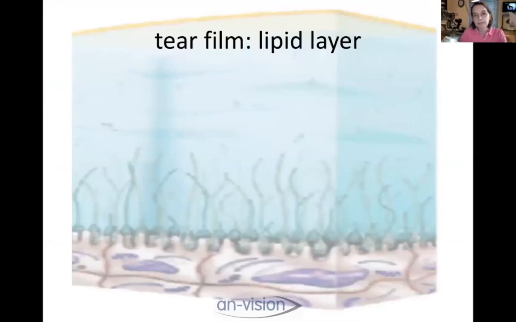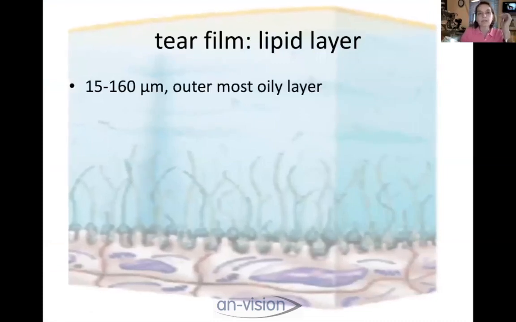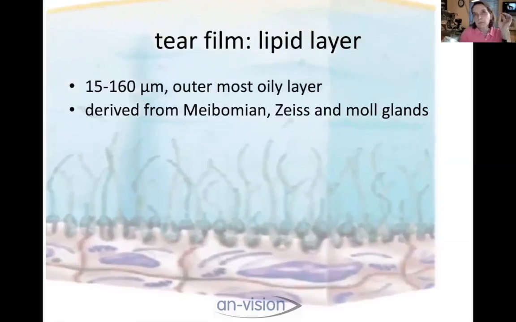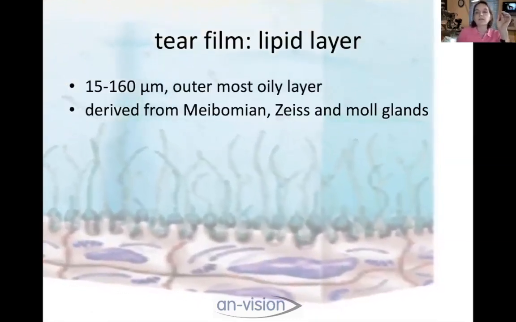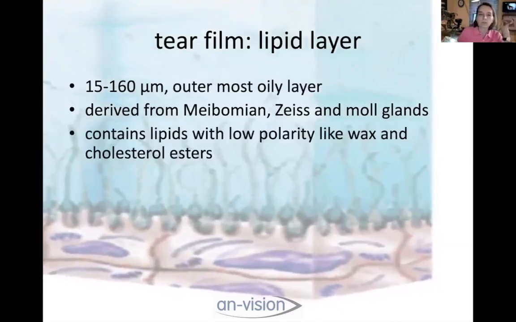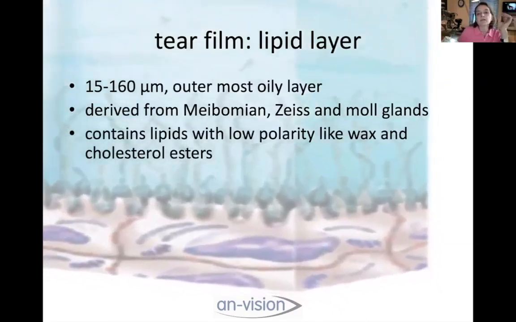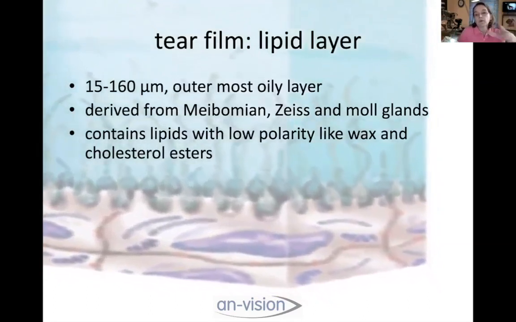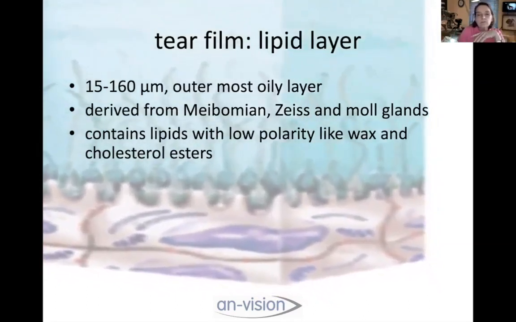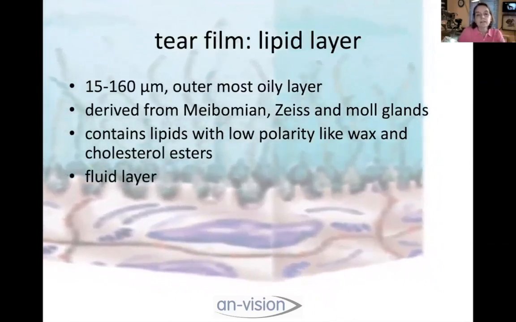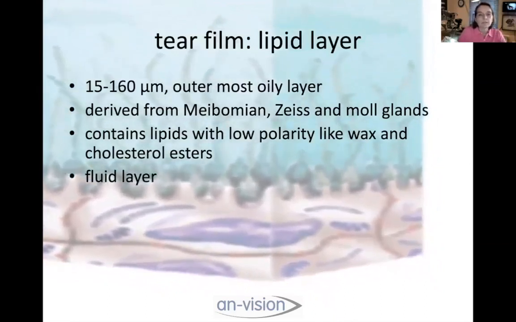And now the lipid layer, the outermost layer, it's very thin again. It's derived from the meibomian glands mainly, and also the other lid margin glands, Zeis and Moll. And it contains lipids with different polarity. The low polarities are like wax and cholesterol esters, and as you see in the next slide, there are also polar lipids.